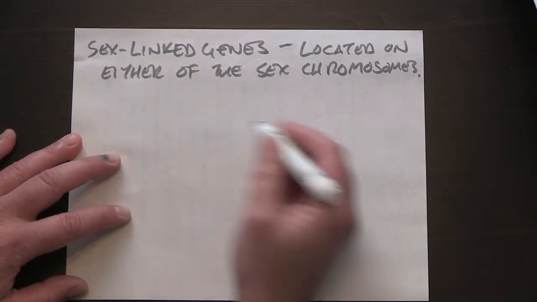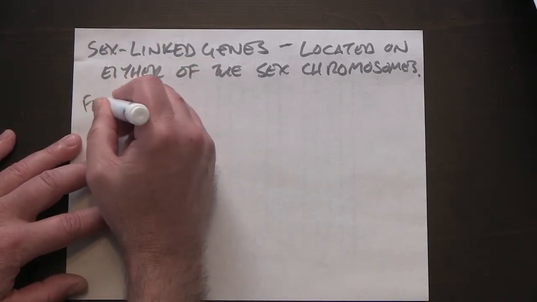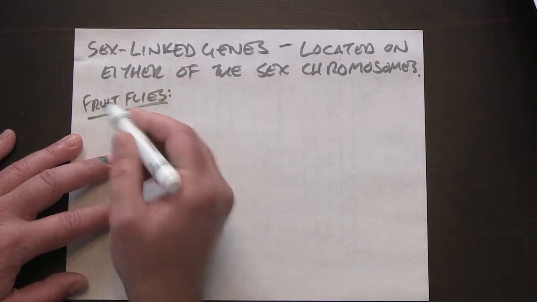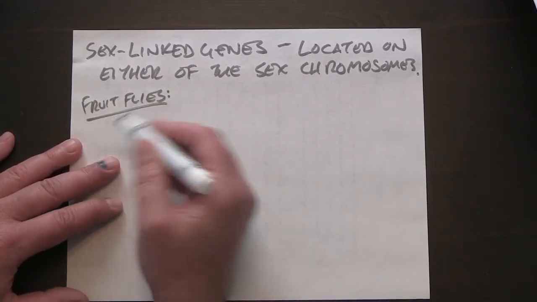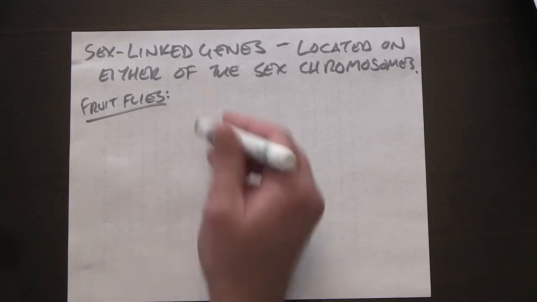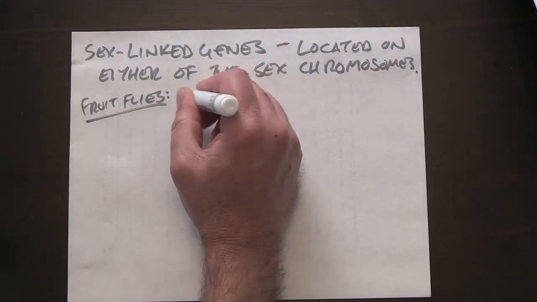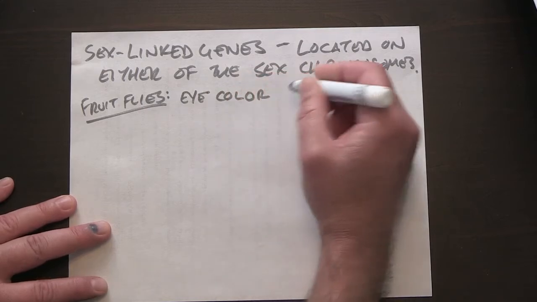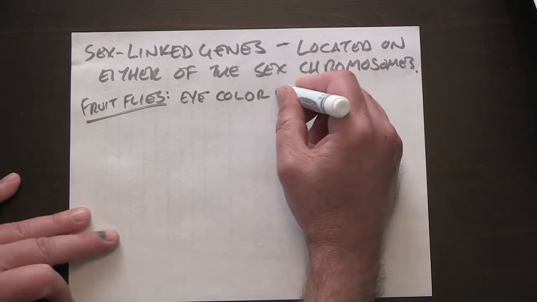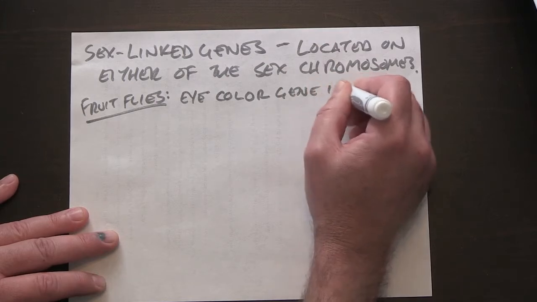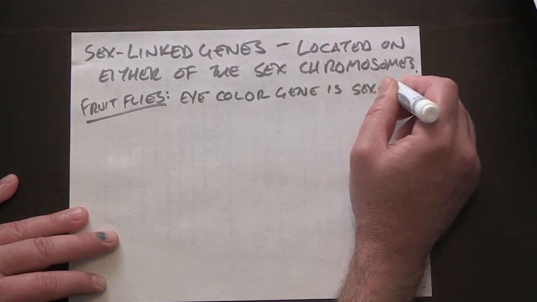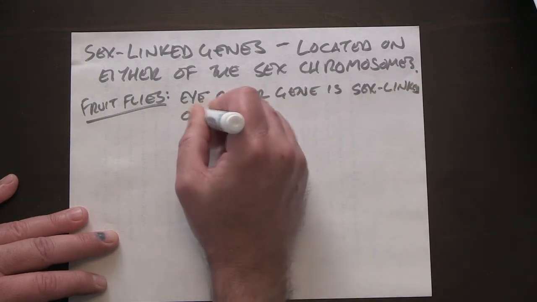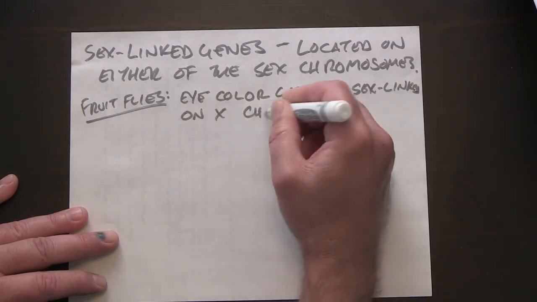So in fruit flies, a lot of genetic work is done on fruit flies, by the way. That's why I keep bringing it up, because a lot of the examples, the eye color determinant gene is sex linked, so it's on the X chromosome.